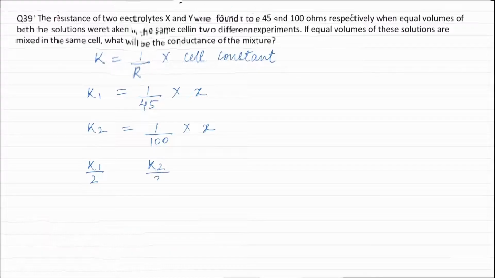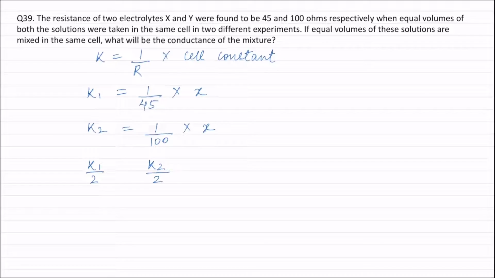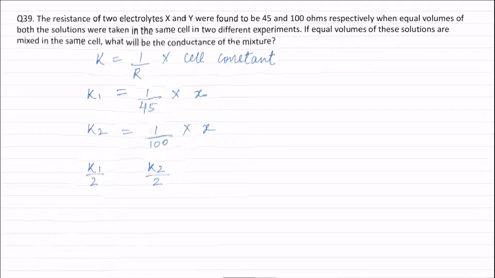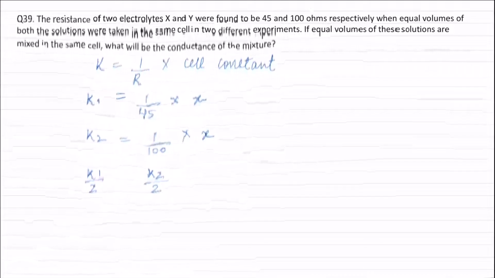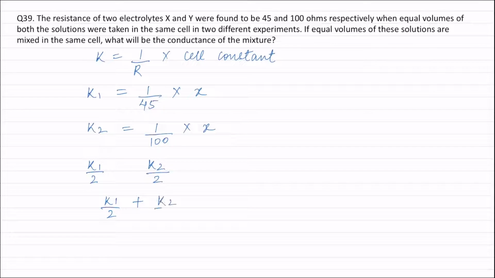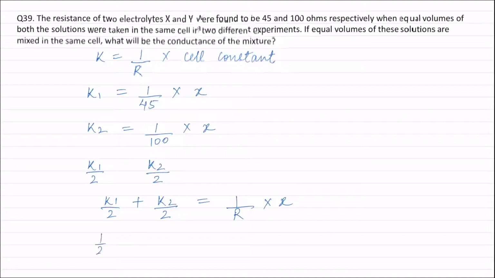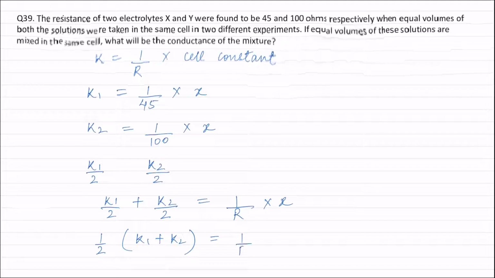Therefore, the total specific conductance will be equal to K1 by 2 plus K2 by 2, and this is equal to 1 by R into cell constant, which is X, and this is equal to 1 by 2 (K1 plus K2) equals 1 by R into X.